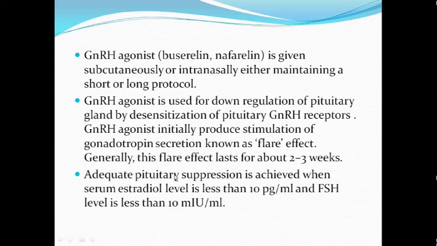How can you assess whether adequate pituitary suppression has been achieved? You can identify it by an estradiol level of less than 10 picogram per ml and an FSH level of less than 10 milli international unit per ml.